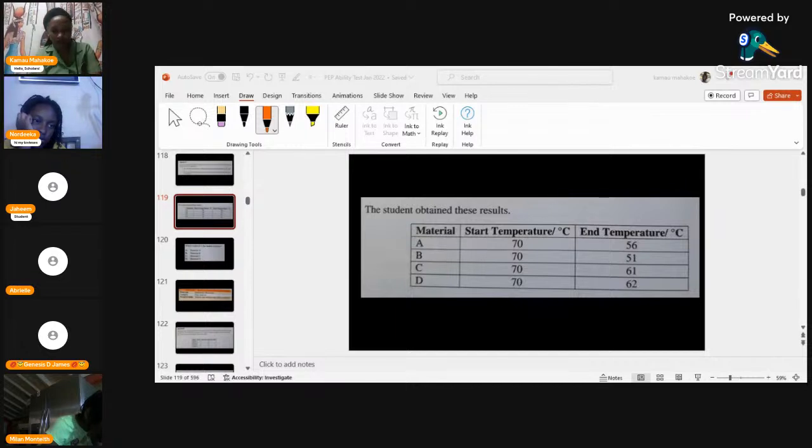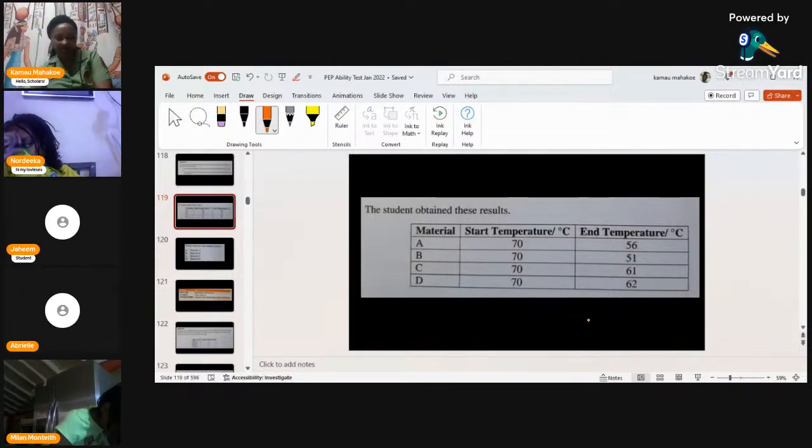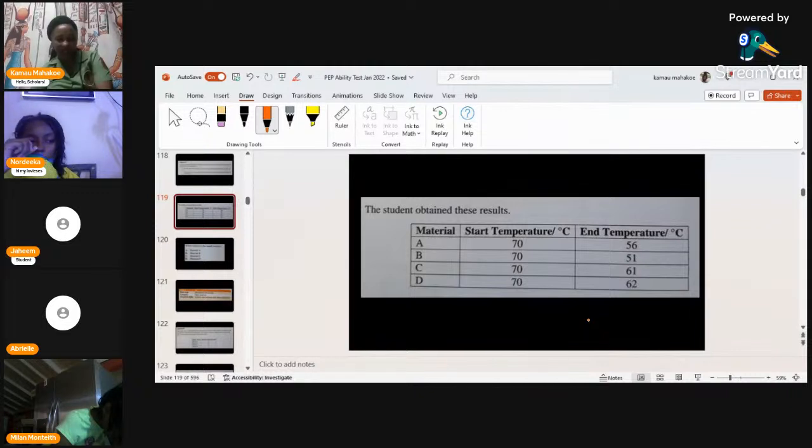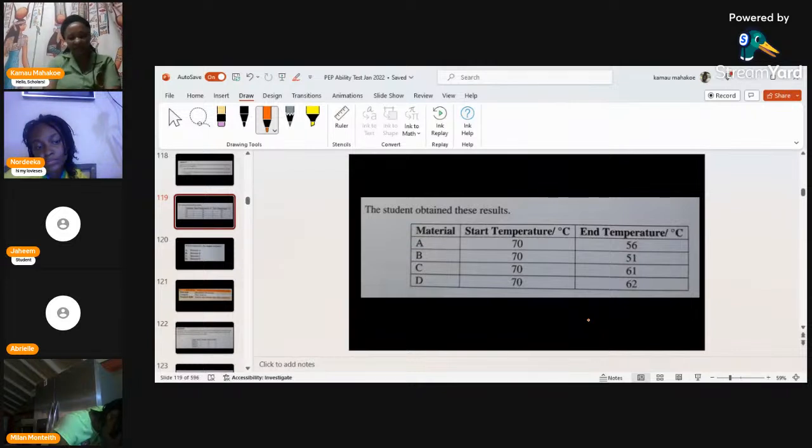So for the C, from 70 to 61, 9 degrees of heat has been lost. For B, 70 to 51, 19 degrees of heat lost. And A, 70 to 56, 14 degrees of heat.